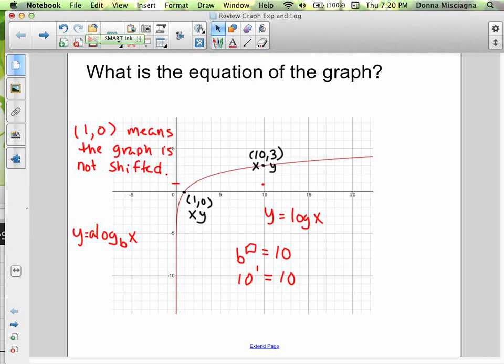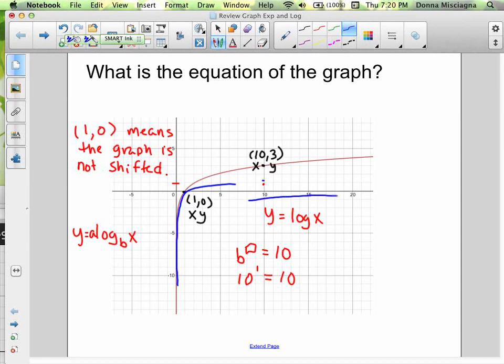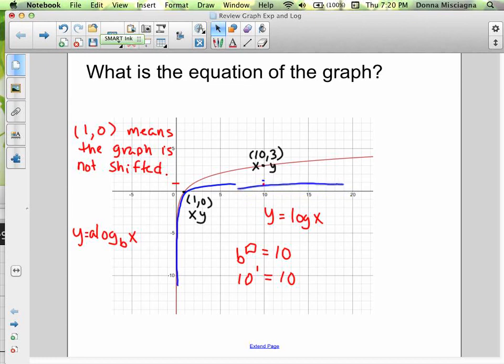So actually, let me graph in something other than red. Well, we were going just fine until it decided to glitch up. Let's see if I can move this piece in the right spot.